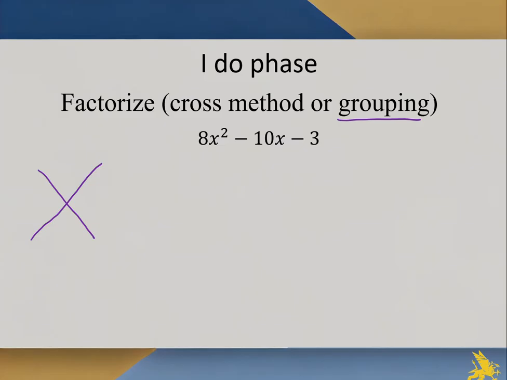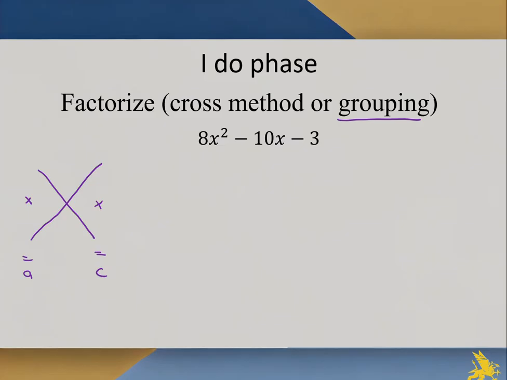So the first thing that I'm going to do here is we need these two amounts to times to equal A. We need these two amounts to times to equal C. And I'll connect it with the grouping method as well after.